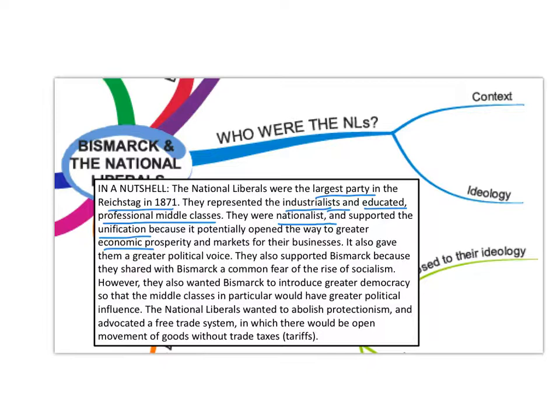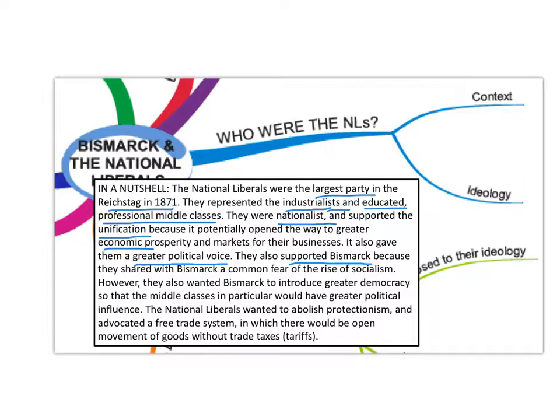So suddenly, the elected representatives of the German people, which was all the German men 25 years and over, have a genuine voice in the running of this new country. So they're very happy about that because they've now got a political voice that they didn't have before 1871. So on the whole, they were backers of unification, and therefore they were backers of Bismarck, the leader of the first German government, the first German chancellor.